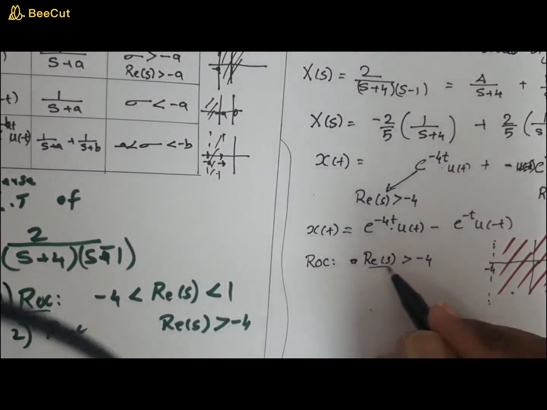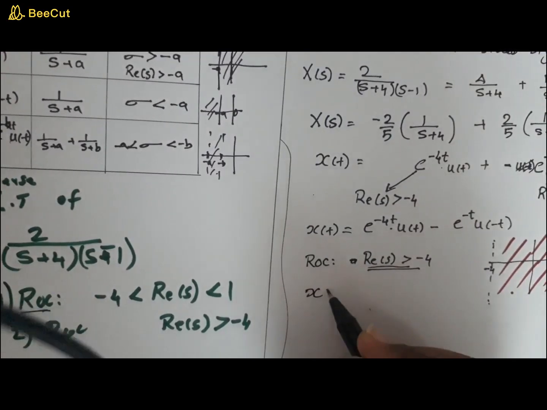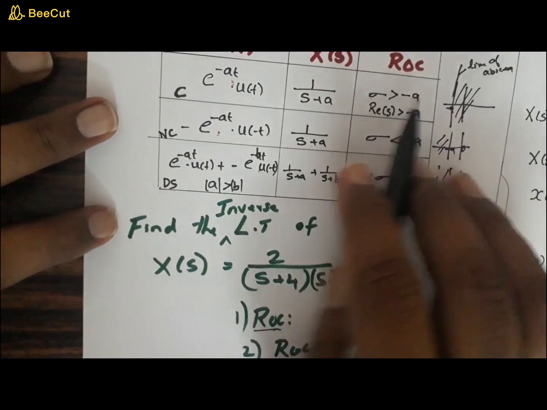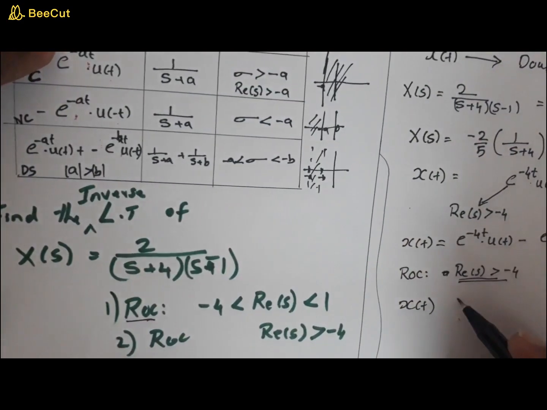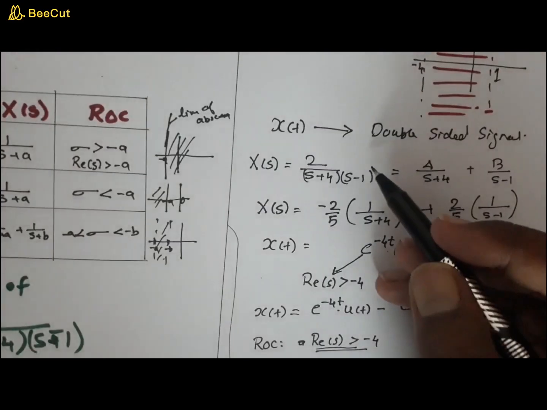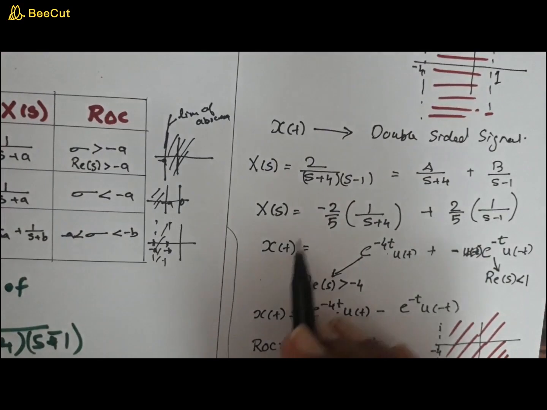Now what is the inference that you get about this x of t? The resulting x of t, since it is Re of s greater than minus 4, we know that anything greater than minus 4 is a causal signal. So this is going to be a causal signal. Now the steps are the same till this point.